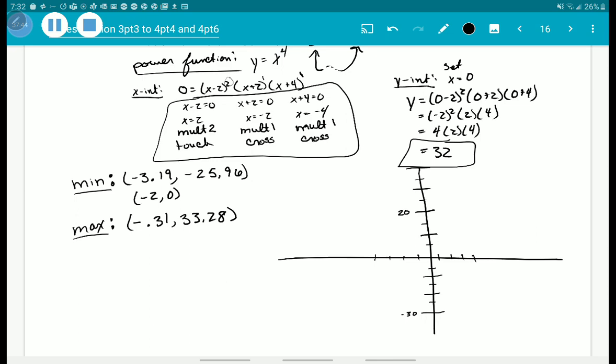So let's plot what we have. We have a y-intercept at 32. So here's 30, 32 would be somewhere in here.